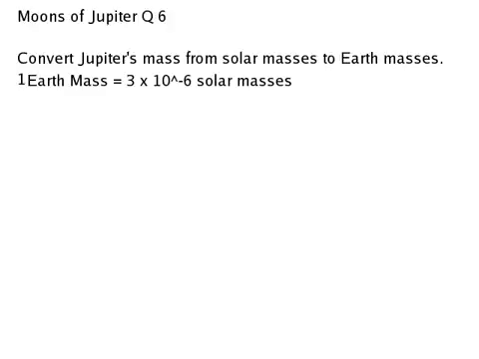Okay, we have Jupiter's mass in solar masses. So Jupiter's mass was equal to 0.0011 solar masses, and we want to get it into Earth masses. So now we need to set up our conversion factor.